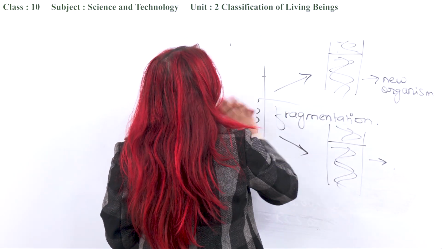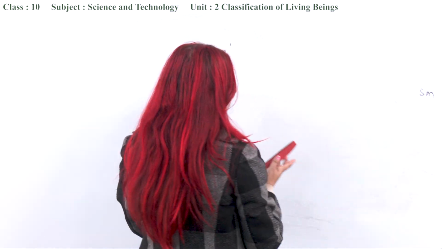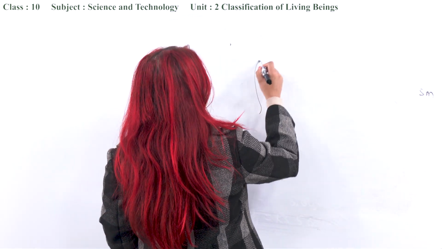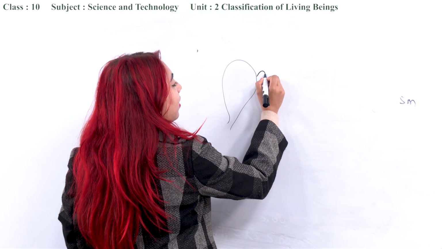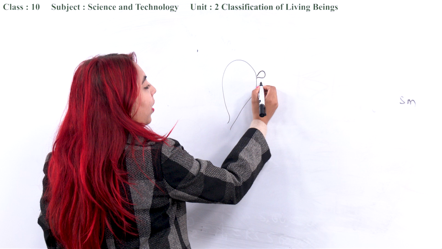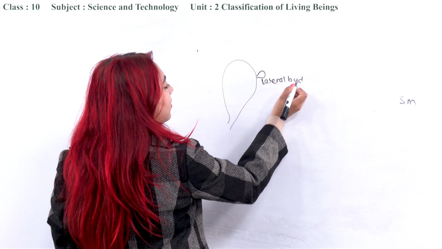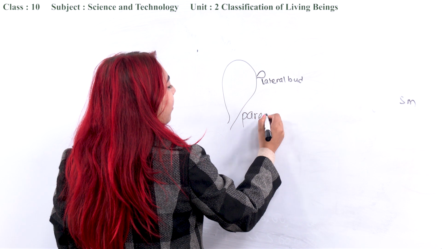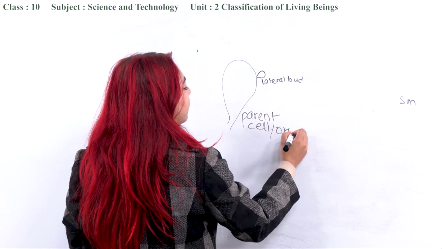There is another mode of asexual reproduction as well, that is budding. Suppose you have this organism, it gets this lateral bud. This is the parent cell or parent organism.